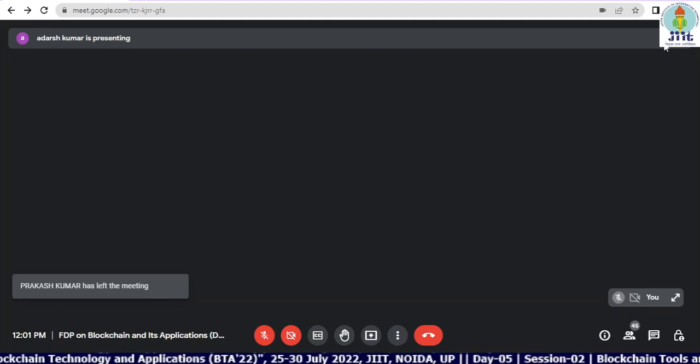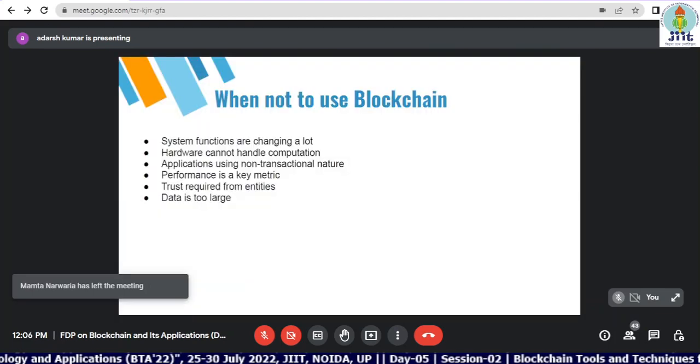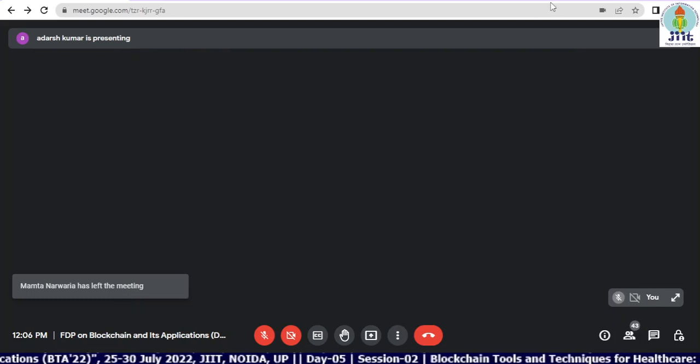So when not to use the blockchain? These are a few points which say there is no need of a blockchain. If some system functions are changing a lot, we cannot change much in the blockchain network. We know that activities are being logged and data is immutable. We cannot change anything, and every block is also interlinked, so we cannot change a blockchain network.